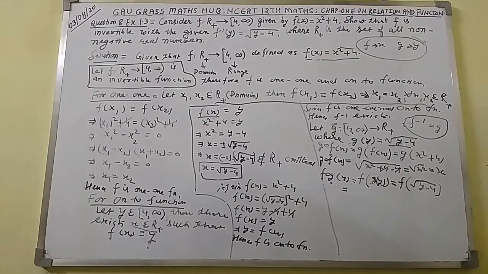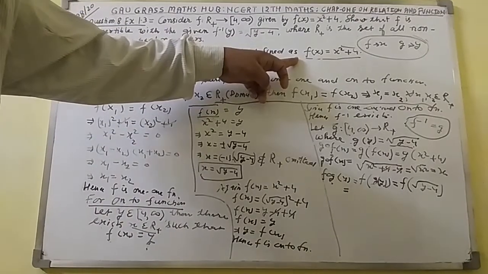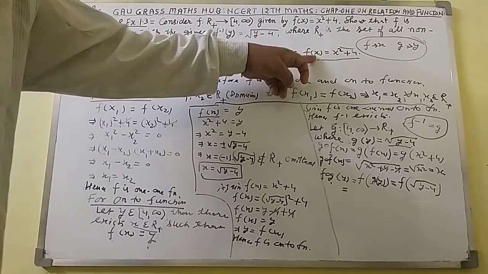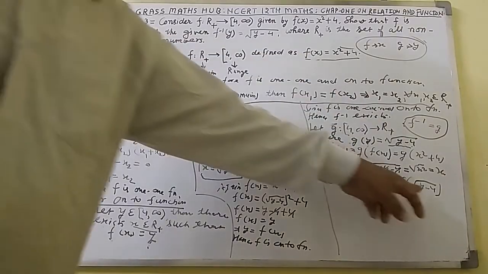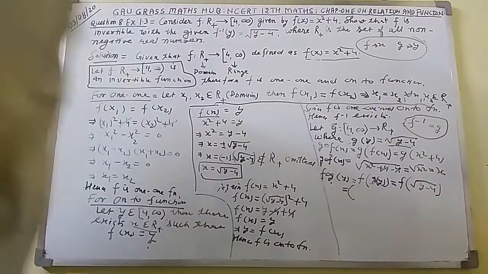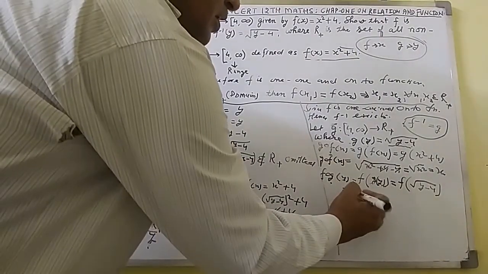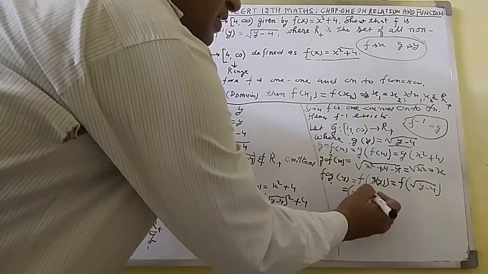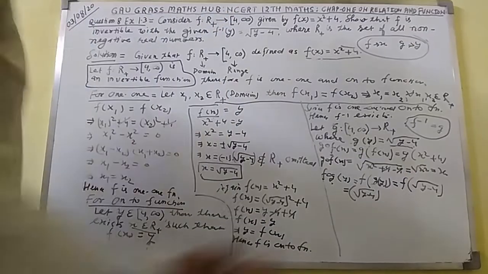Now here you can see f(x). The value of f(x): in place of x, we will write this value. So what will happen? Here it will become under root y minus 4, whole square.